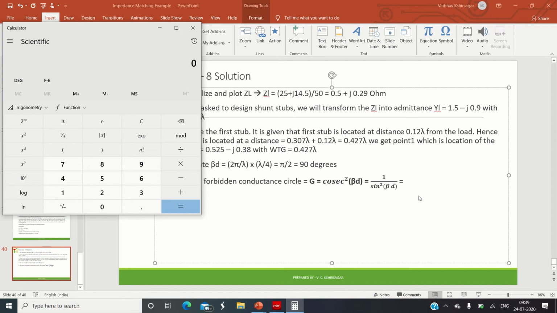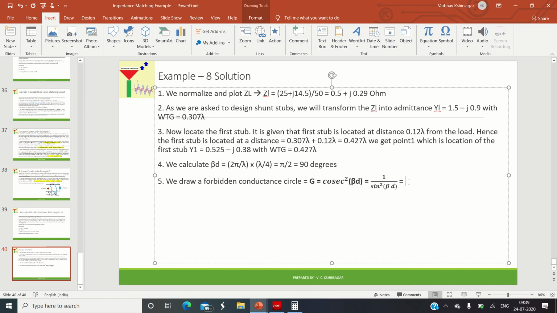So 1 multiplied by 1 is again 1, and 1 divided by 1 again gives us 1. Therefore, a constant conductance circle, or unit conductance circle, of value 1 is going to give us the forbidden region.